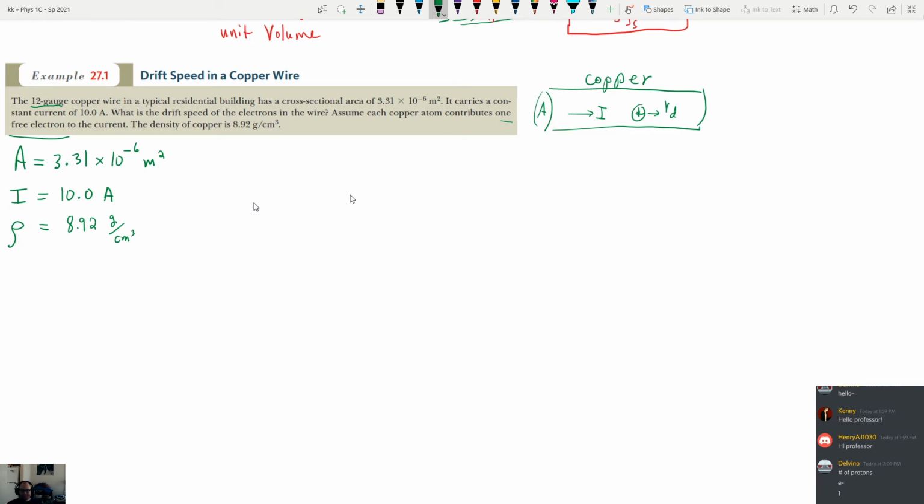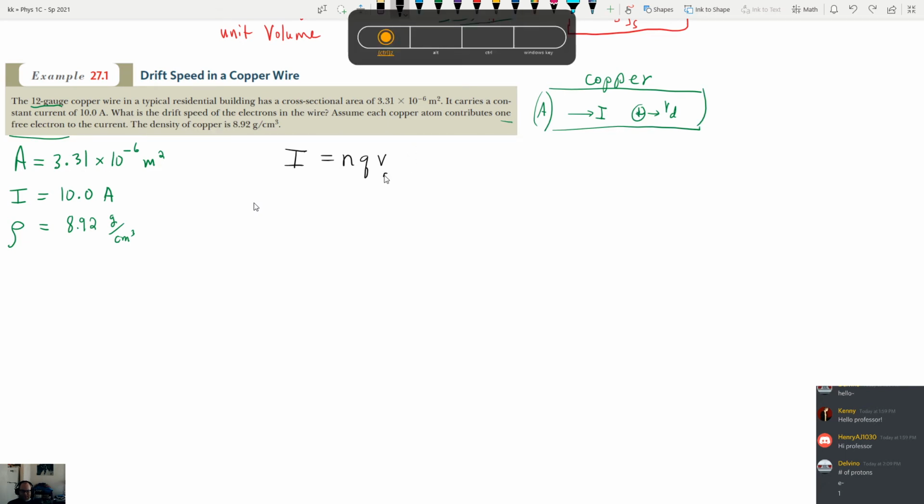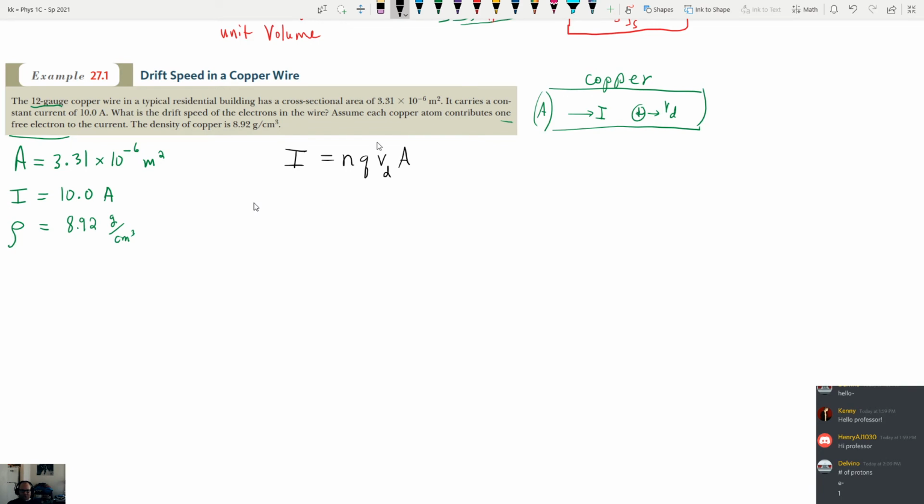So there we go. The relationship we need to solve this is that the current is equal to the number of charges per unit volume, multiplied by the charge on a single carrier, multiplied by the drift velocity, and then multiplied by the cross-sectional area. That's our relationship.